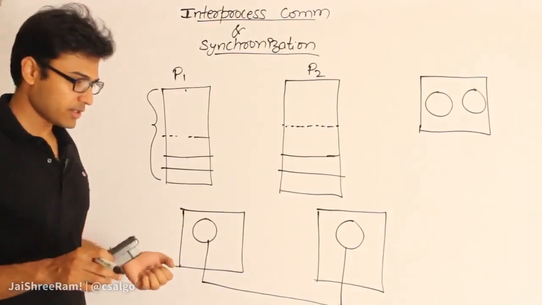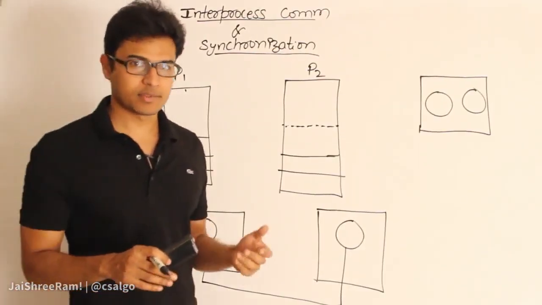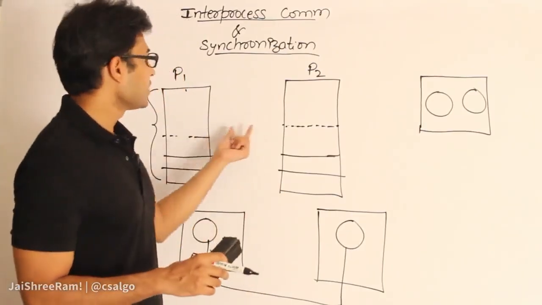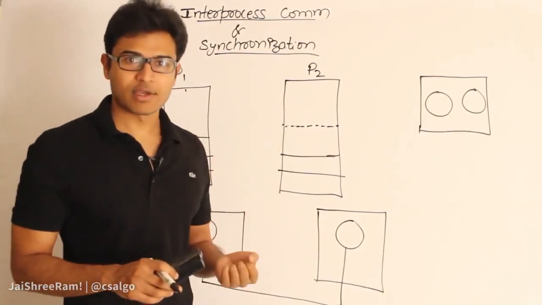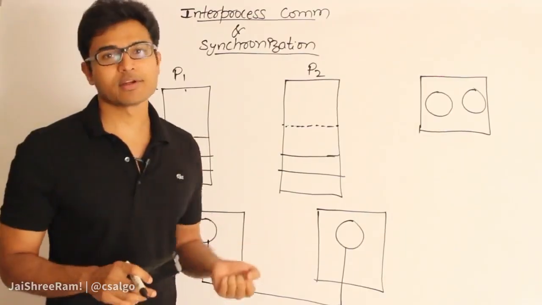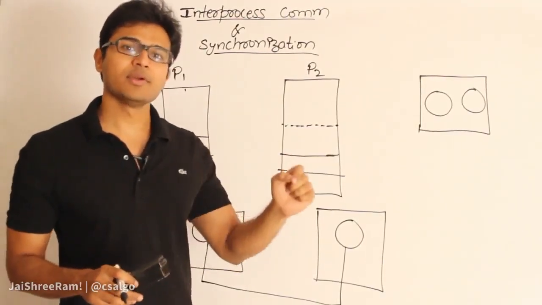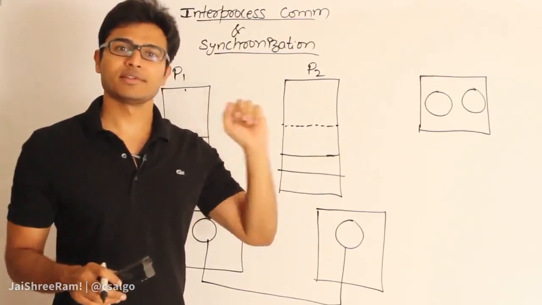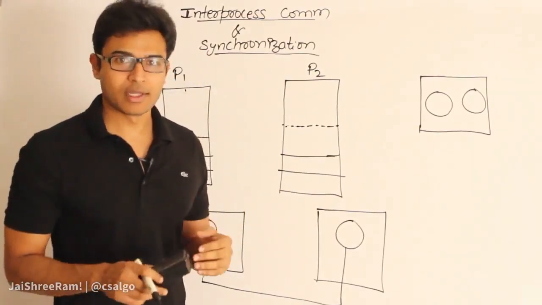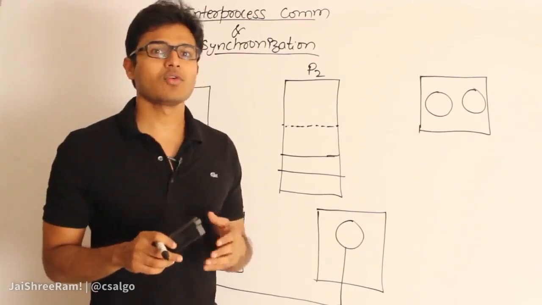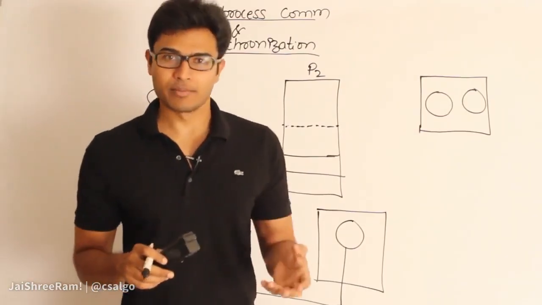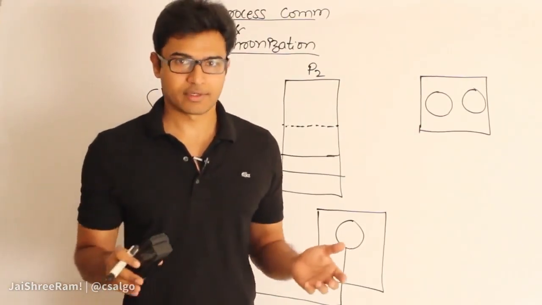Or sometimes they might compete for something: let us say P1 and P2 are two processes trying to access the printer. Both of them want to print something, so P1 and P2 will simultaneously try to access the printer. That is called competing. Whenever they want to cooperate or compete, they need to communicate.